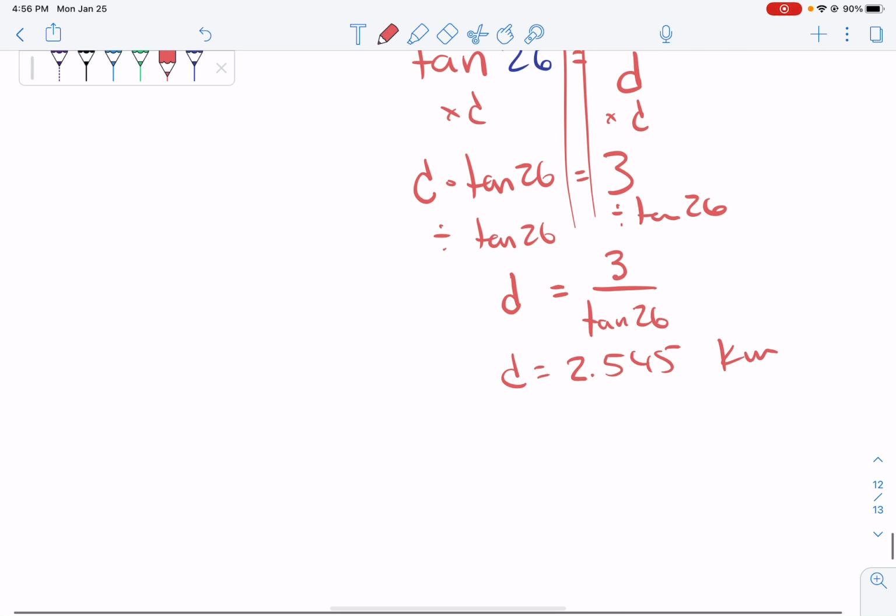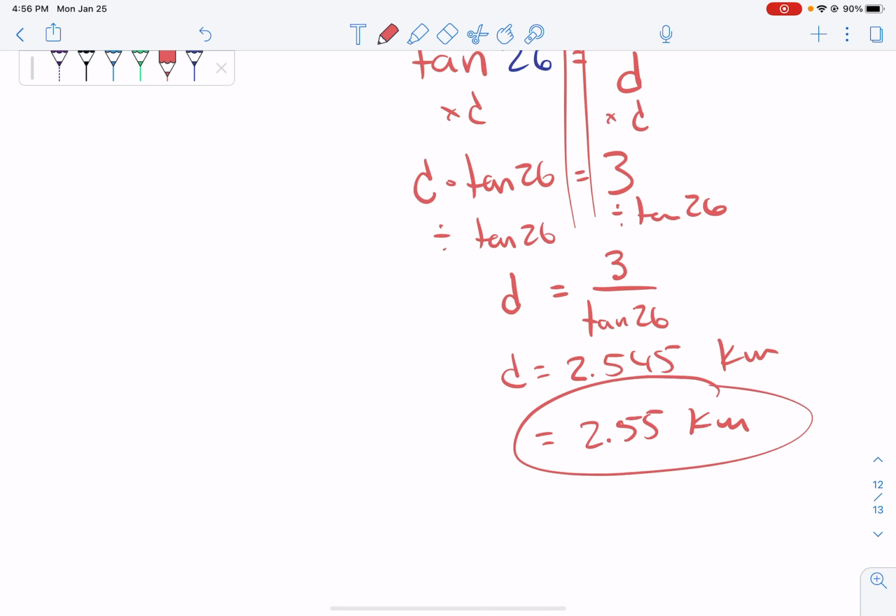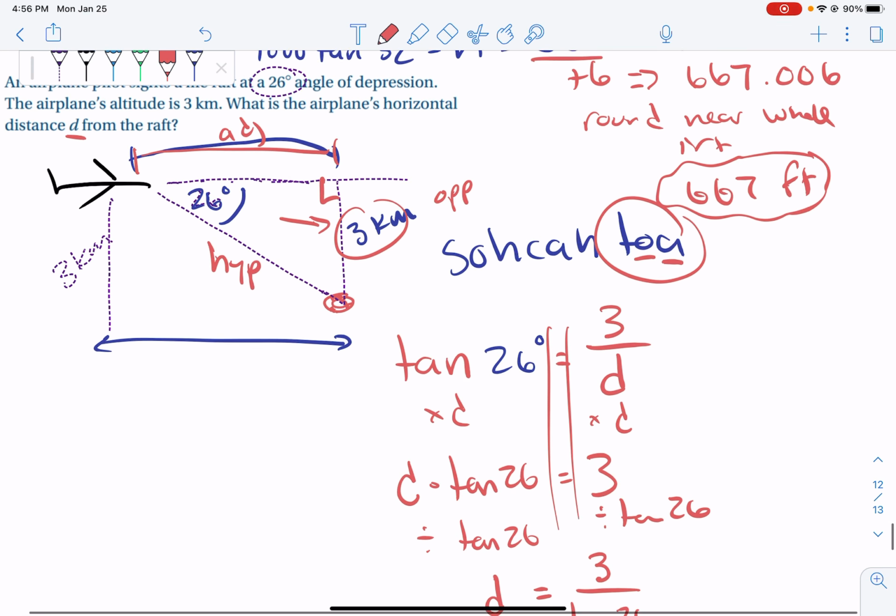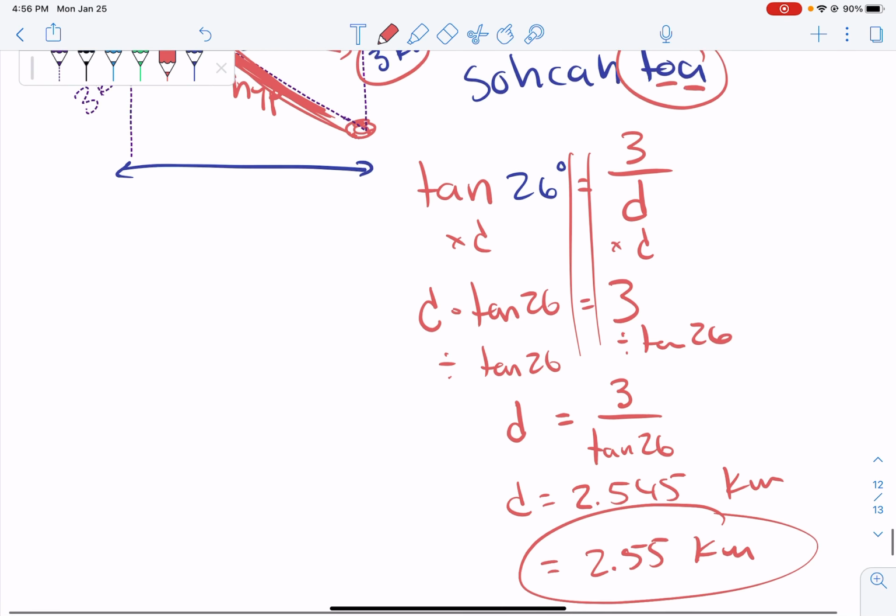Those are kilometers, so I probably want a couple decimals. So let's just say, at least for the sake of this problem, we'll round it to 2.55. 2.55 kilometers. That's how far away the airplane is. Not this distance right here, but that's how far away across the ground. That's the ground distance away from the raft, okay?